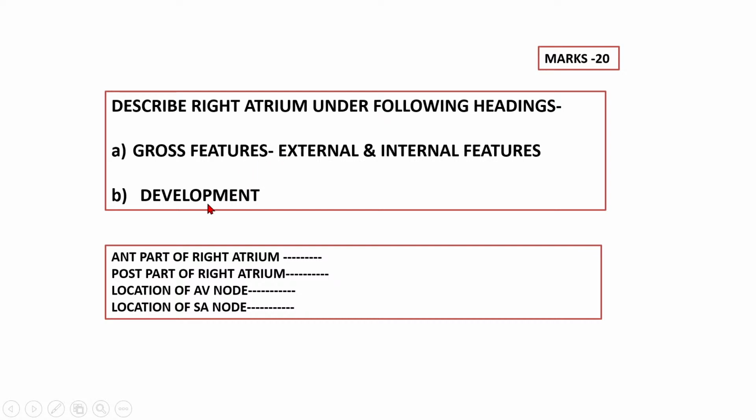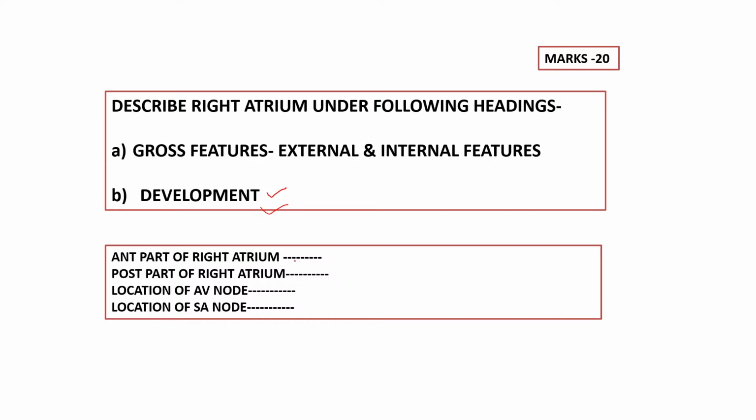The other part which is asked is the embryology or development of the right atrium, where you have to describe completely the common atrial chamber, how the rough part will develop from the common atrial chamber and the smooth part will develop from the right horn of the sinus venosus, and why all the veins open in this smooth part, and also describe in brief the interatrial septum.